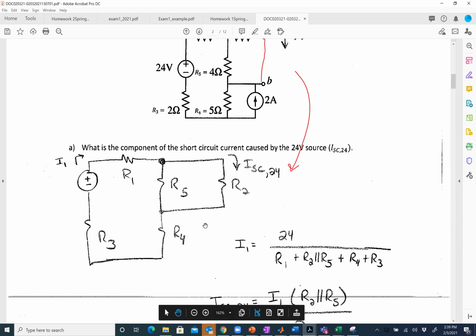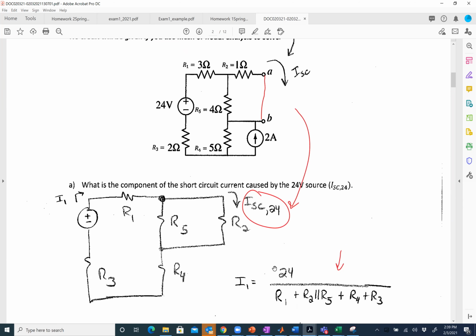I call that current I1, this one right here. Once I know this current I1, what's the process I would need to find the current ISC24?